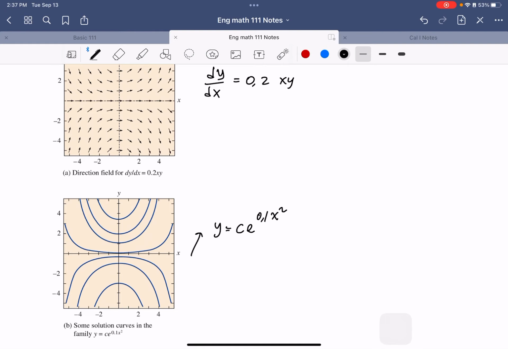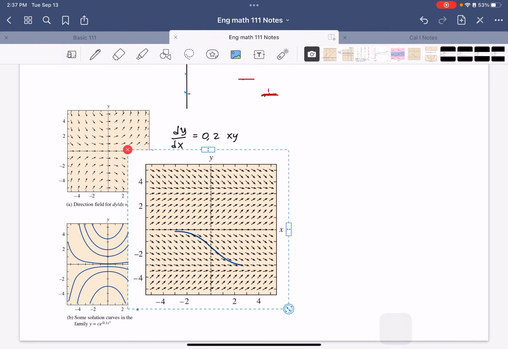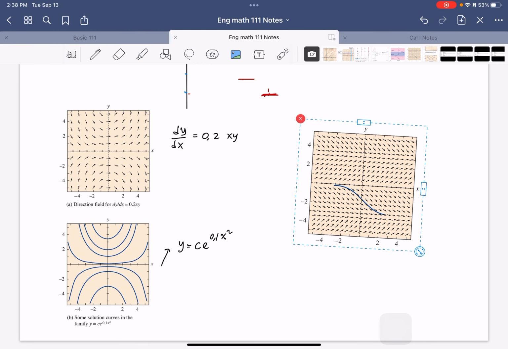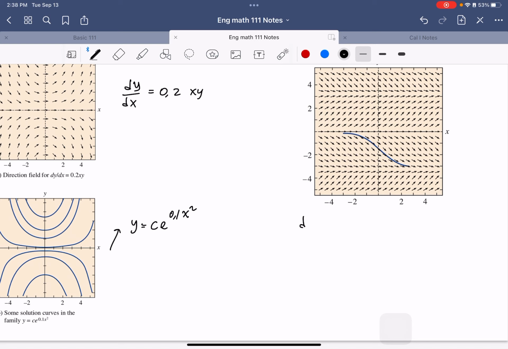Another example, here, is a slope field for sine y, and the blue is for some initial condition, that is when x is 0, y is -3/2.